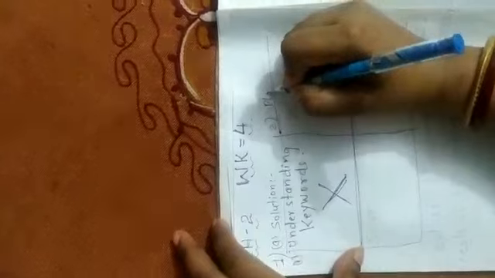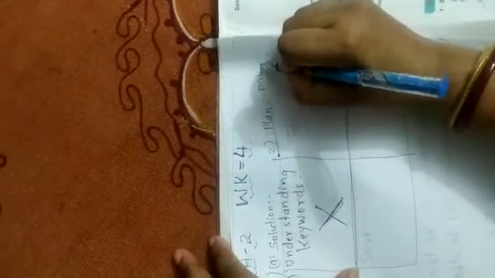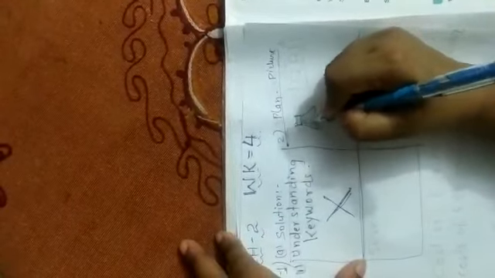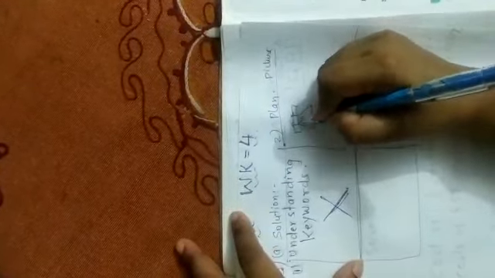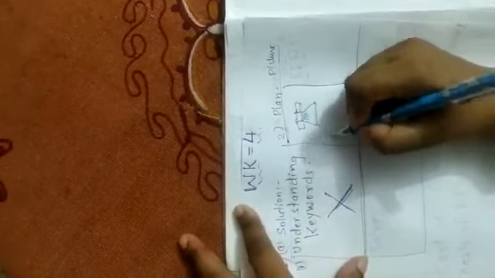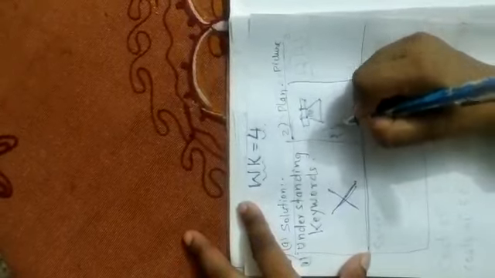Now next, second point is planning. Let's draw the picture. For example, this is the uniform set. One uniform set. What is the cost of one uniform set? Rupees 1325.